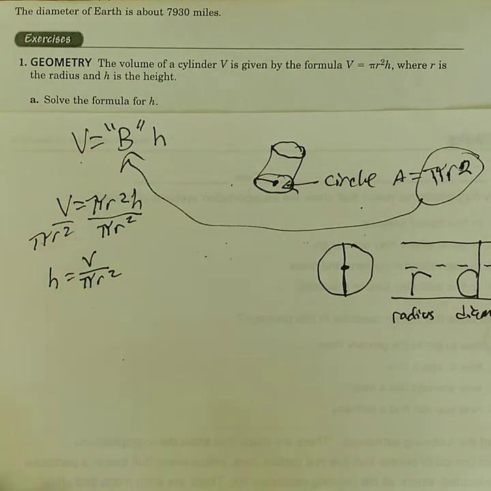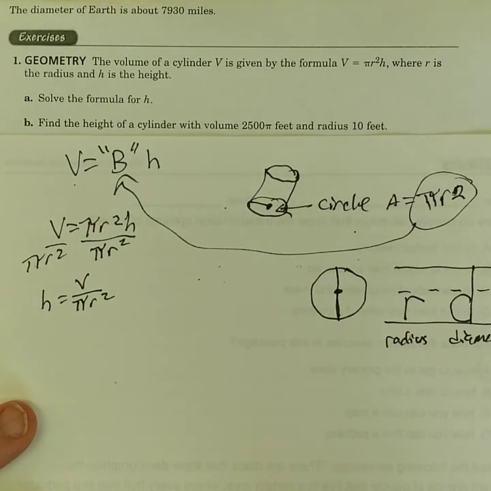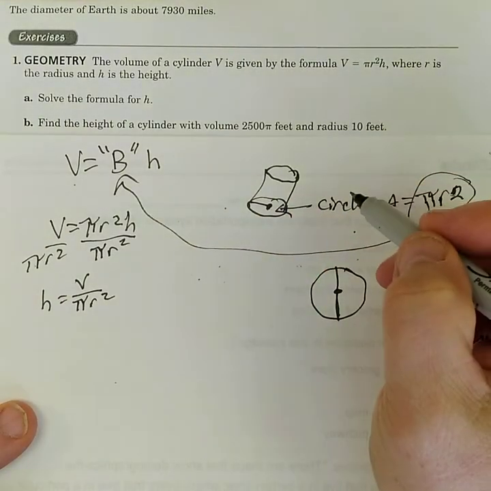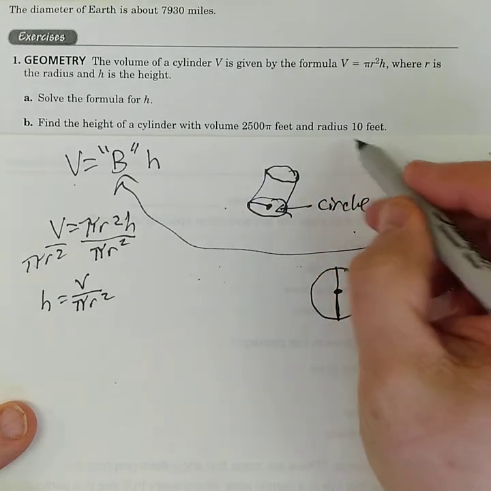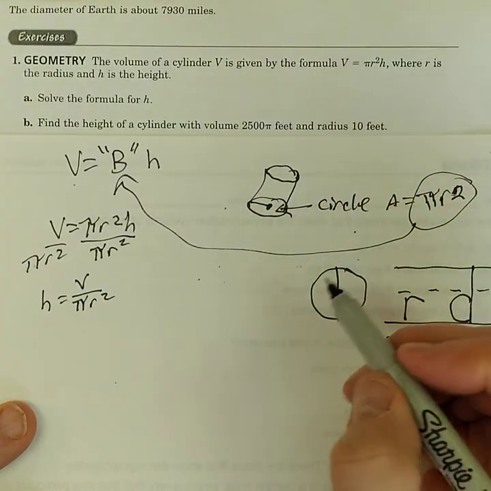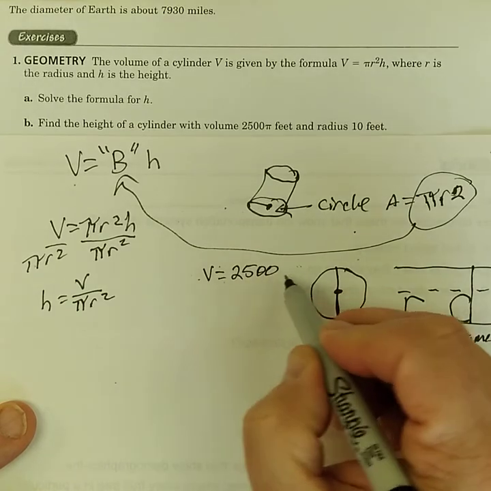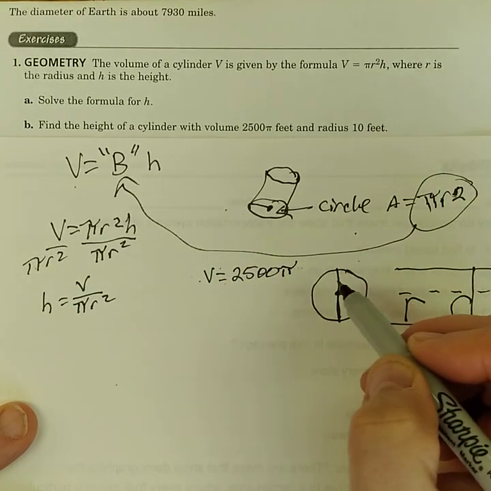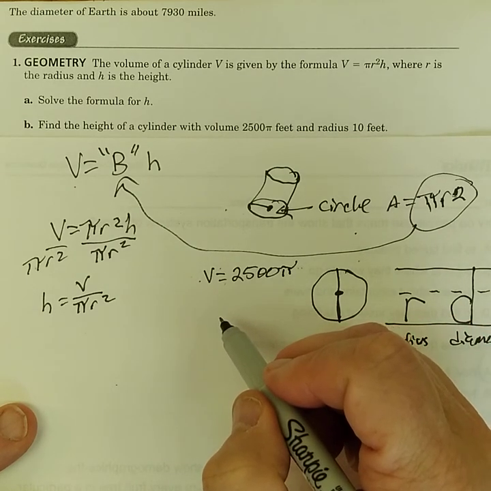Now it says find the height of a cylinder with a volume of 2,500 pi, and the unit of measure they're using is feet, and the radius is 10 feet. So we say the volume equals 2,500 pi, and the radius equals 10.